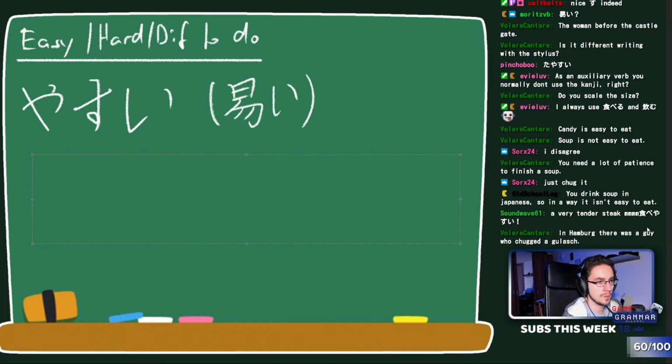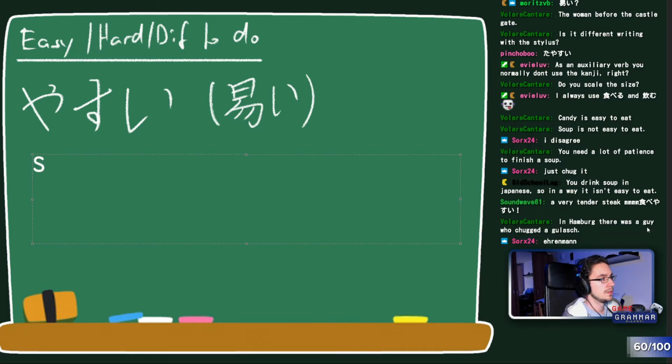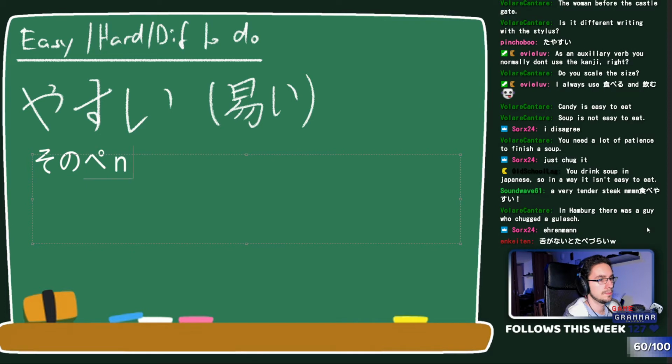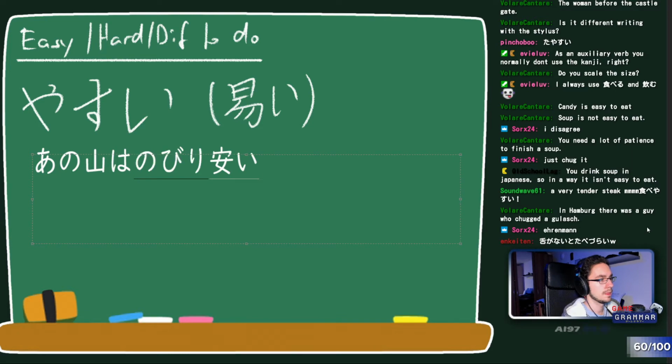Okay. So, for example, we could have this sentence. あの山は登りやすい。Okay.